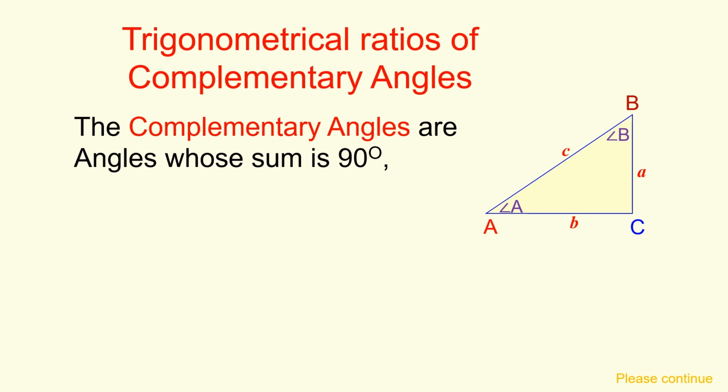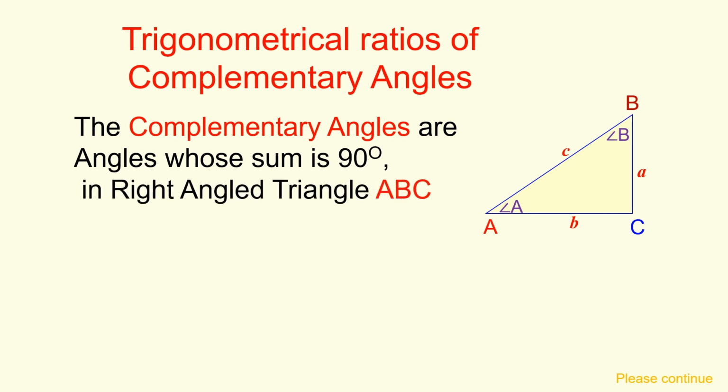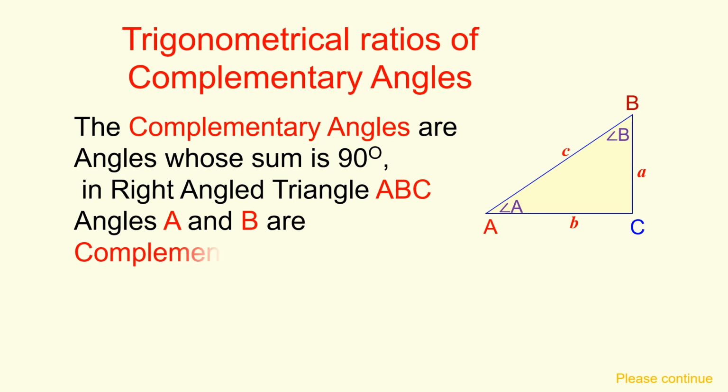Trigonometrical ratios of complementary angles. The complementary angles are angles whose sum is 90 degrees. In right angle triangle ABC, angles A and B are complementary angles.